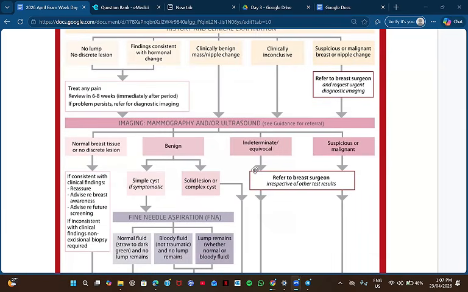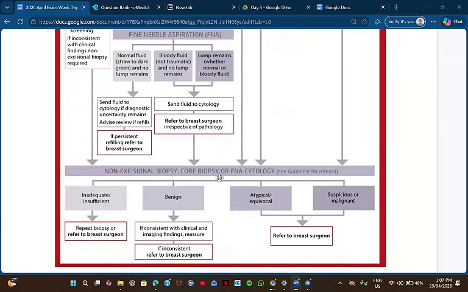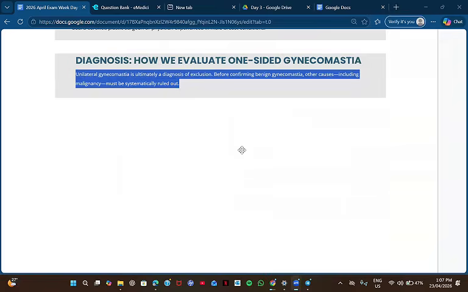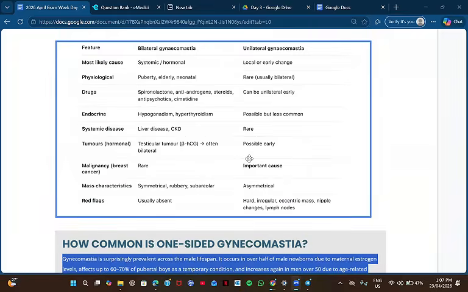If it is a solid lesion, usually we do a core biopsy and send the sample for pathology to identify whether it's a cancer or not. So you have to always think about the tumor, right?